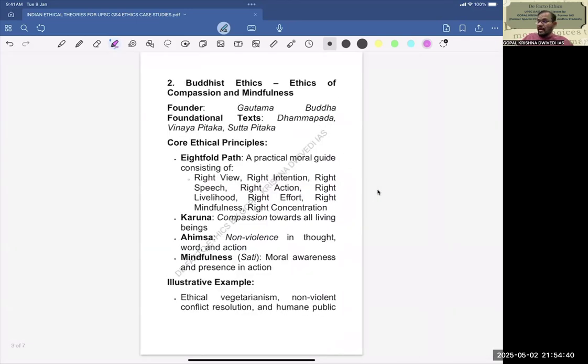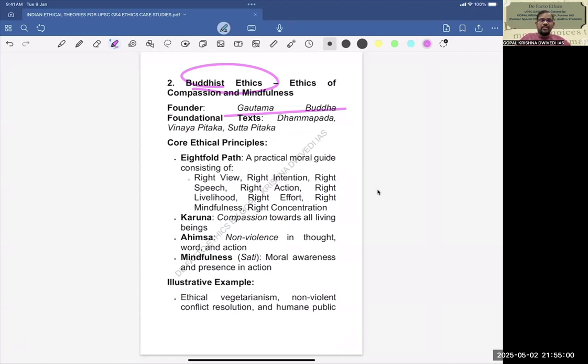The second Indian ethical mainstream is Buddhist ethics by Lord Buddha. It focuses on the ethics of compassion and mindfulness. The founder was Gautam Buddha, and the foundational texts are the Dhammapada, Vinaya Pitaka, and Sutta Pitaka.